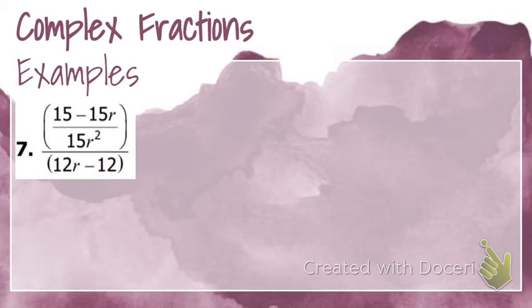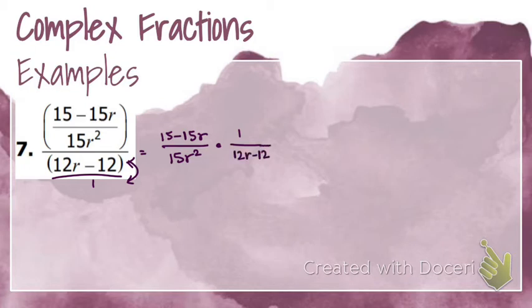All right, so let's try number 7 now. Remember that anytime you have a non-fraction, you can put it over 1 to make it a fraction. So this guy is going to equal 15 minus 15r over 15r squared times, flip this, 1 over 12r minus 12.